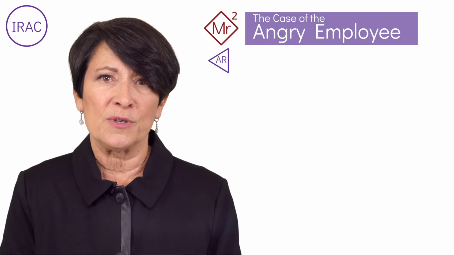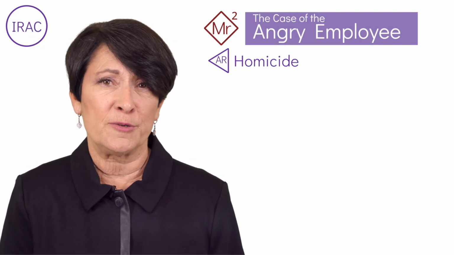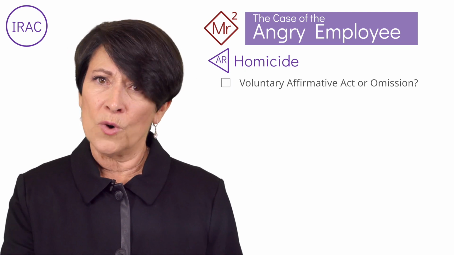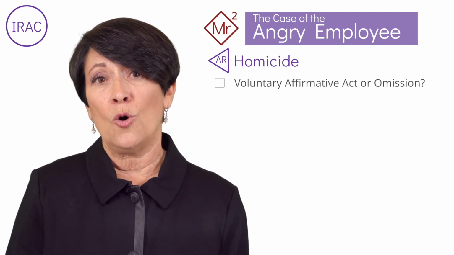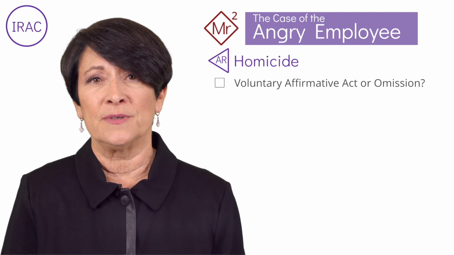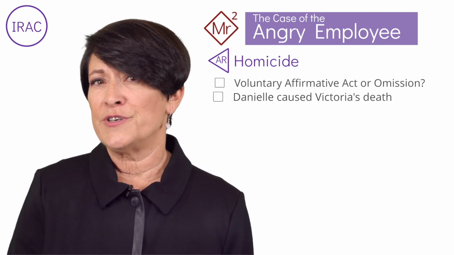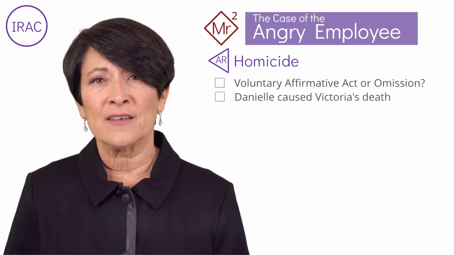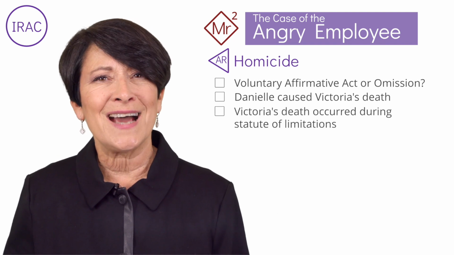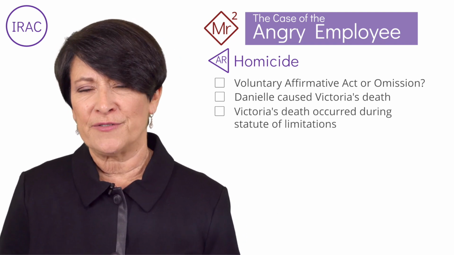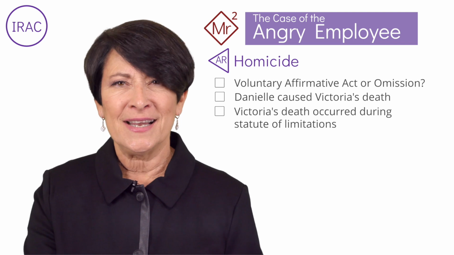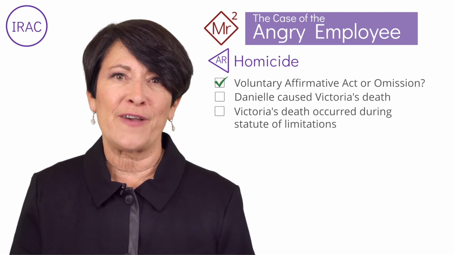Inside our actus reus homicide analysis, there are 3 subparts that have to be discussed. First, was there a voluntary affirmative act or an omission that Danielle committed? Second, whether Danielle caused Victoria's death. And finally, whether Victoria died within the statutorily prescribed period of time. Here, Danielle did a voluntary affirmative act of killing Victoria.